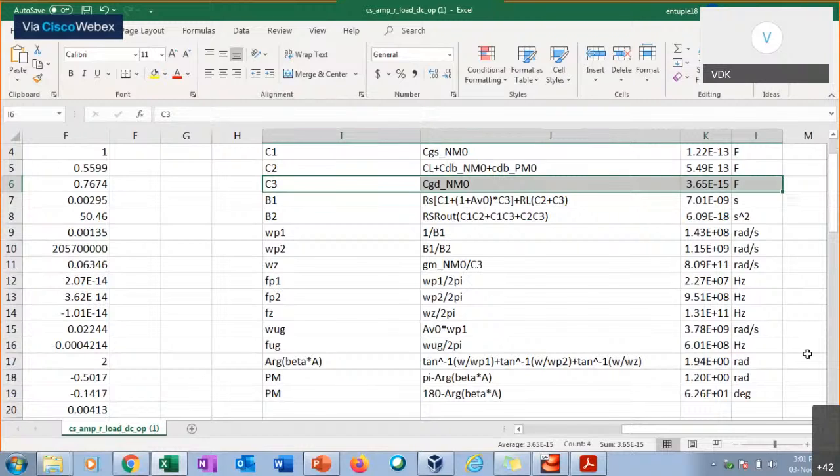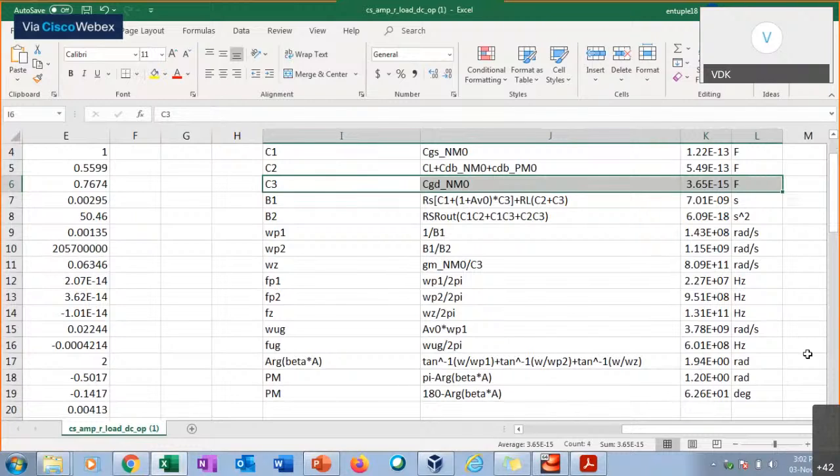And B1 is simply equal to the sum of the time constants associated with every independent capacitor in the network. So if I loosely apply Miller's theorem for CGD, which is C3 here for the NMOS device, then as you can see, CGD appears in parallel with C1, which is CGS of the NMOS device, and therefore the resistance seen by this parallel combination is equal to the source resistance.